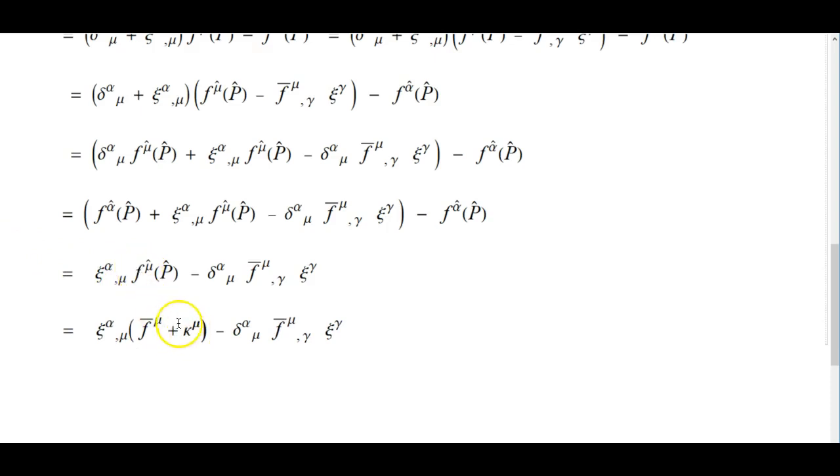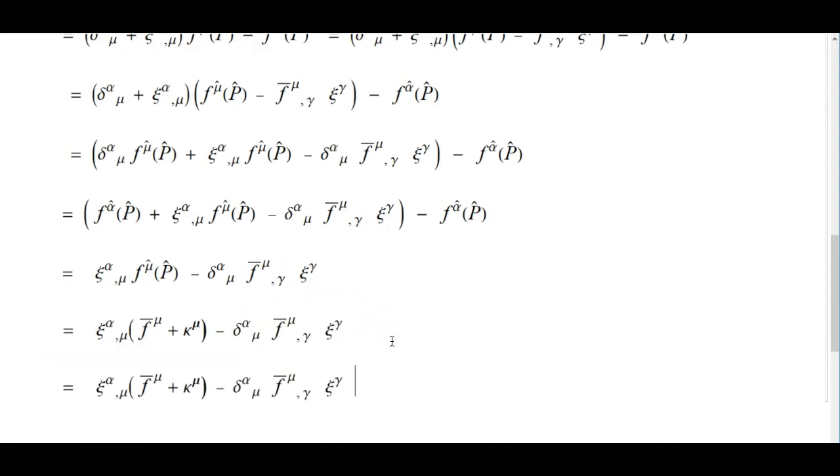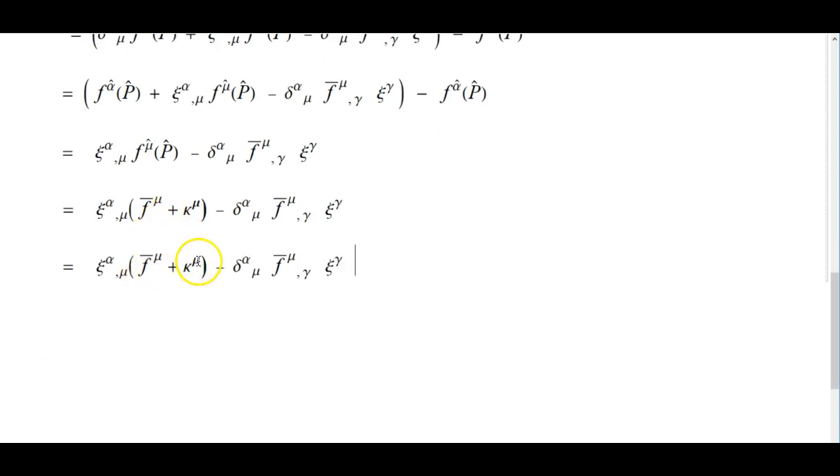So this is the transformation relationship between the background value f bar mu at point P and f in the caret gauge at point P caret. So they are related according to this relationship. And now kappa mu is a transformation vector. Its value is very small. So when xi alpha mu is multiplied by kappa mu, it is a second order term which we can drop. So this would simplify to this.